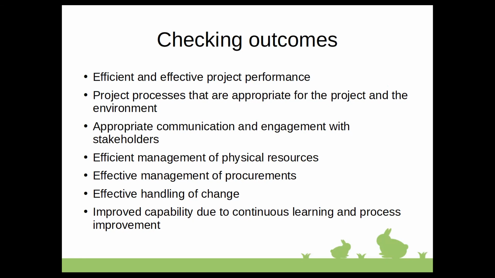Improved capability due to continuous learning and process improvement. This is essentially status reports. The project team status reports show fewer errors over time and show less rework or no rework, with increase in velocity of these changes.